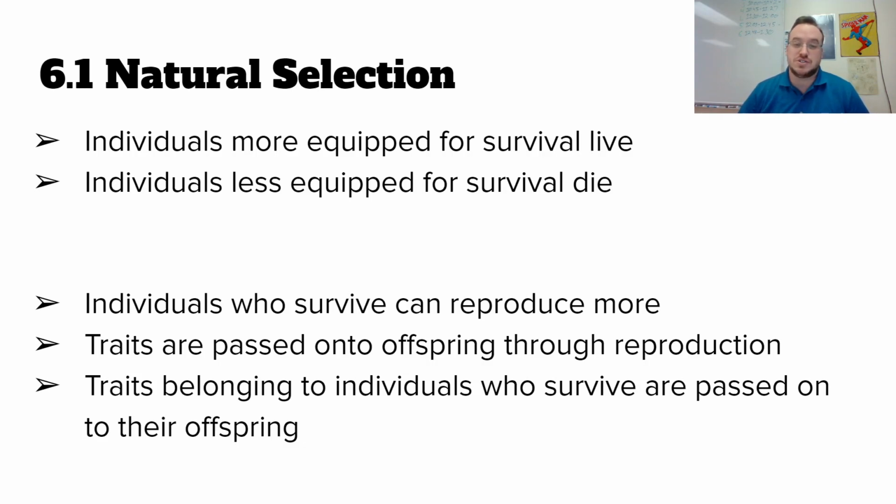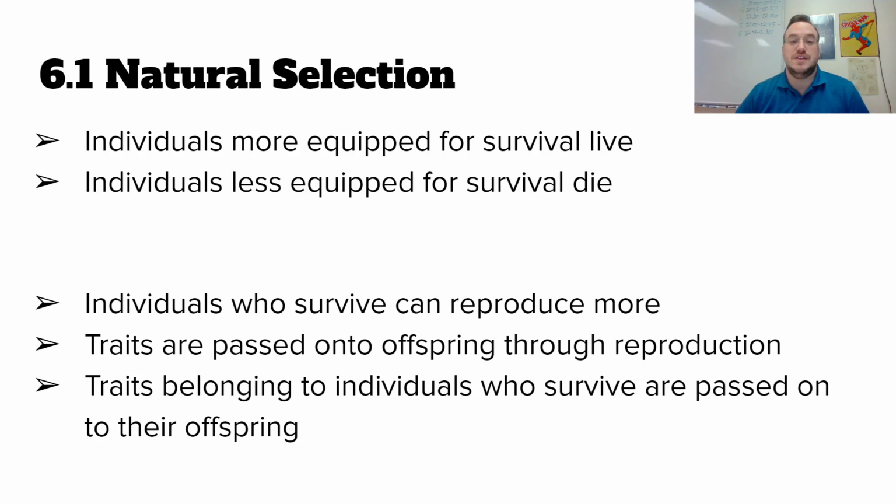All right, natural selection is based on having individuals that are more equipped for survival. So those that are better at surviving in their environment will live, while those who are less equipped for survival will die. All right, and that's important because the ones that live can reproduce more, and if they're reproducing more, the traits that make them equipped for survival are going to get passed on to the next generation, and that's going to continue happening as the generations pass and more matings take place.